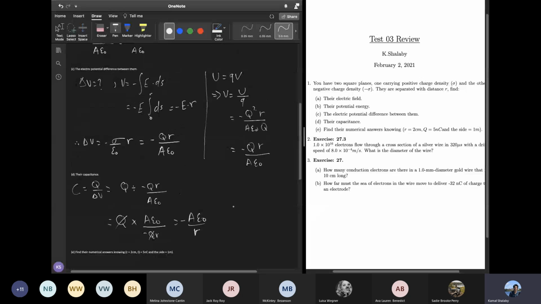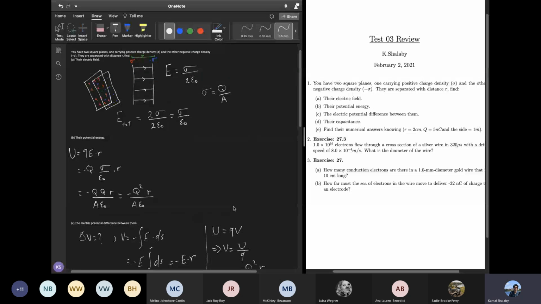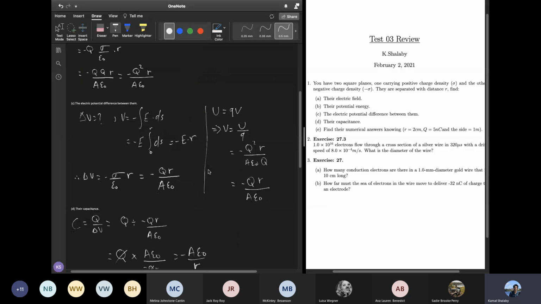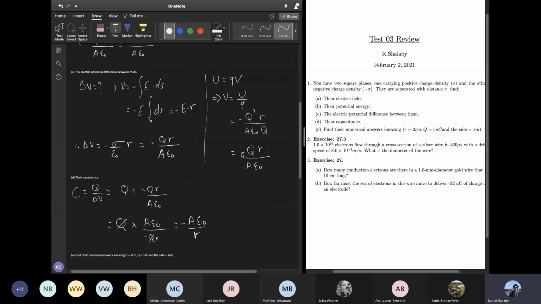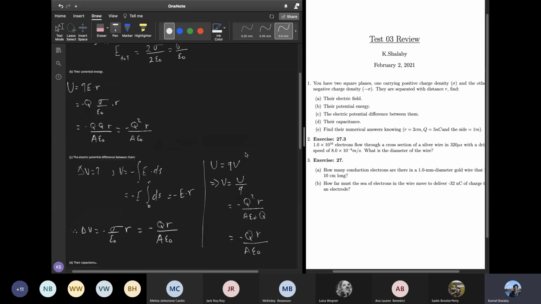Okay, so let's see. Where did it all go wrong? Okay, so that means the potential difference is actually positive, because here we have a positive charge and a negative charge.